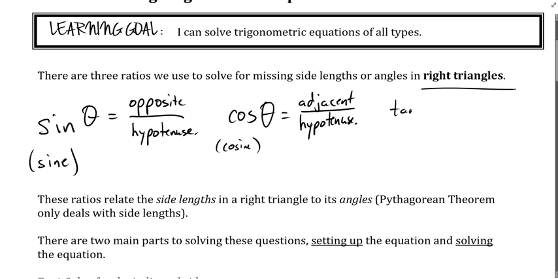And then the last one is TAN, tan, or tangent, is opposite over adjacent. So that's tangent. This symbol that I'm using is called theta.